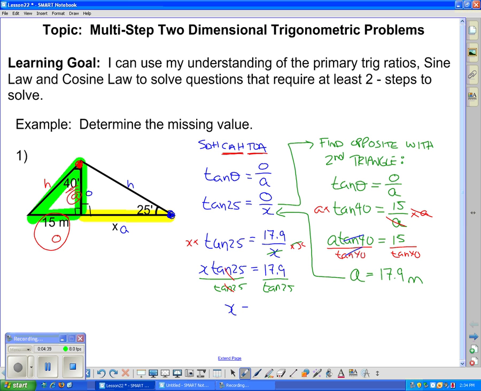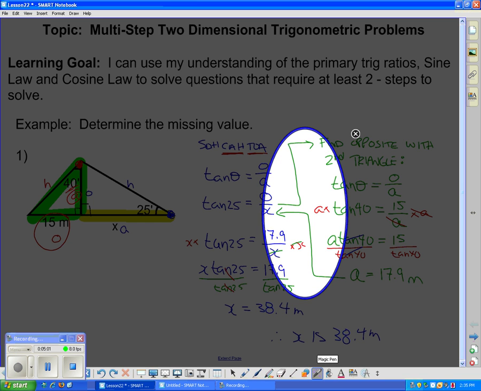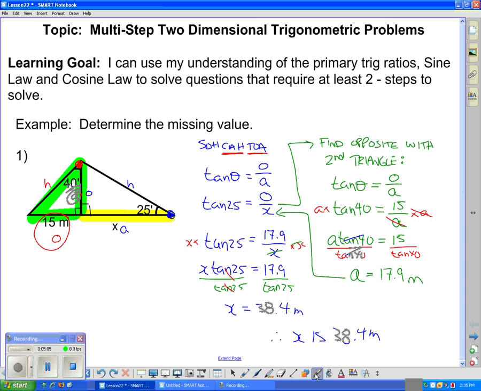And we get x equals, and now it's just calculator work from this point, and we get 38.4 meters. So therefore, x is 38.4 meters. All right, that gives you a nice logical process. It shows me where you jumped out and where you returned, and it's identifying the two steps available.